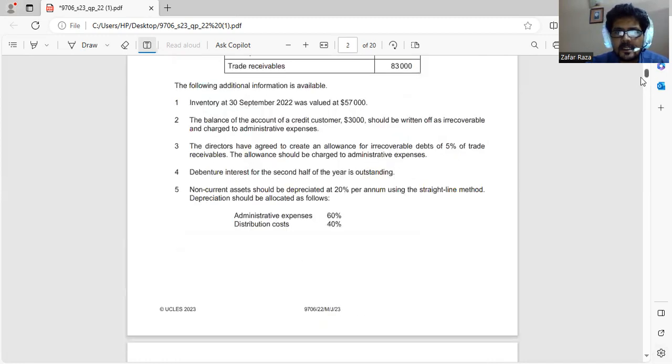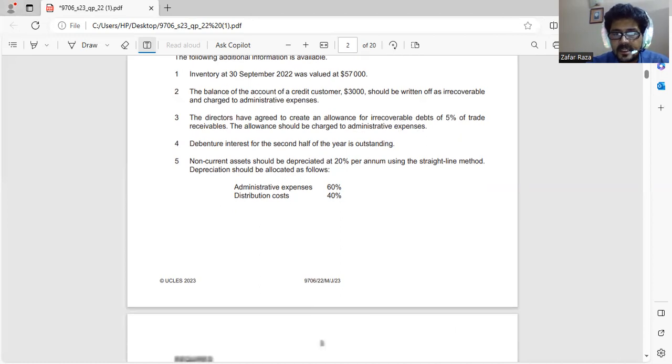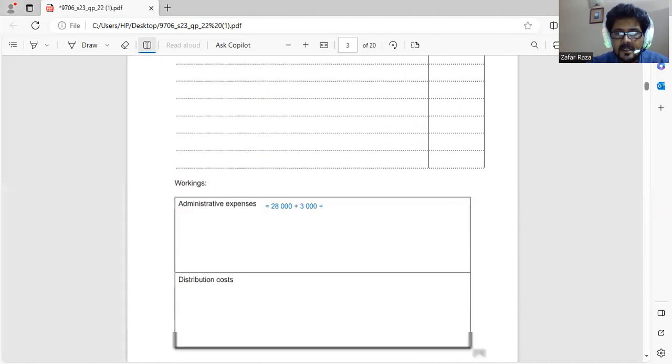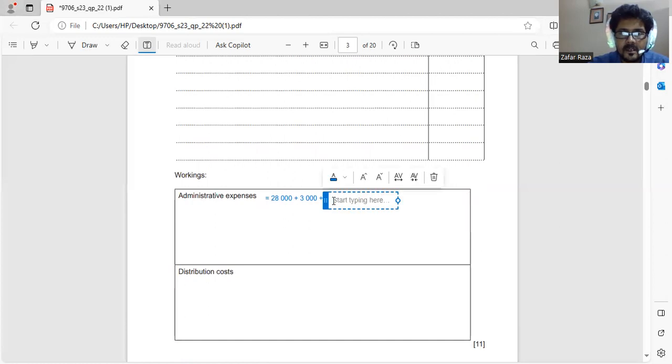Let's see, 5% of trade receivable. Trade receivable here, you can see, is 83,000. Minus 3,000 bad debts, 80,000 is our net trade receivable. Multiply by 5%. That is 4,000, our provision for doubtful debts, which is going to be added over here.